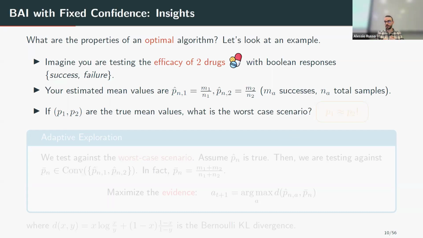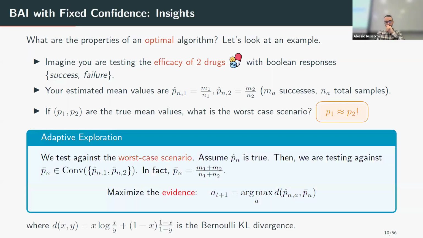But if the true drugs are similar, it will take you many more samples to understand that, right? So let's say then this is the right intuition, that P1 is approximately equal to P2 or equal to P2. So what should we do in this case, given that we know that we have these two empirical values?